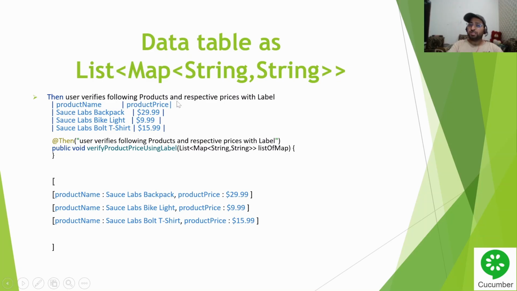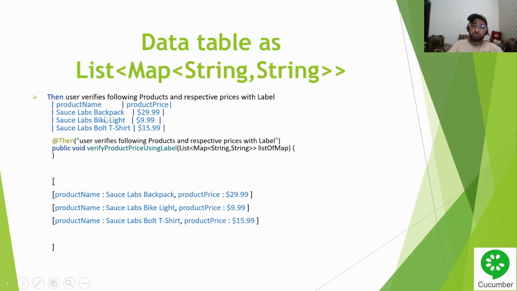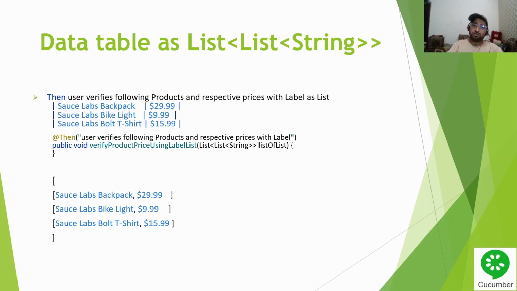So this will be list of map. And at last we discussed that we can convert the same structure in the form of list of list as well. So we'll get access to each list, and after getting access to each list, we can get the respective elements by accessing the indexes.